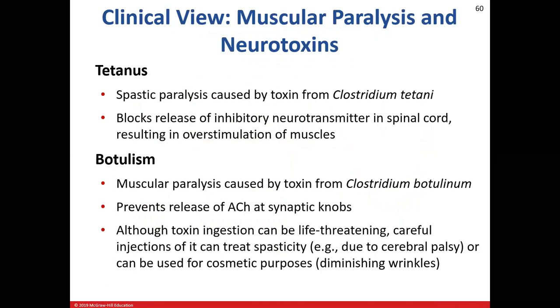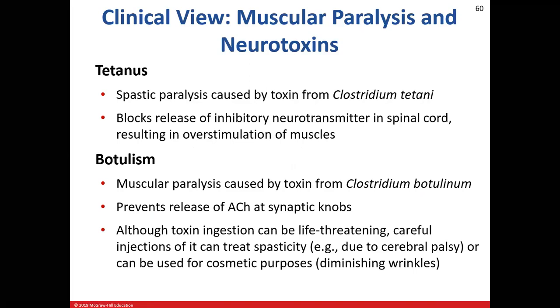So as we look at a clinical view, we look at muscular paralysis and neurotoxins and how these affect muscular contraction. Two particular neurotoxins that we talk about are tetanus and botulism. Now, tetanus causes spastic paralysis. Spastic paralysis is a relatively violent contraction of the muscle cells themselves.